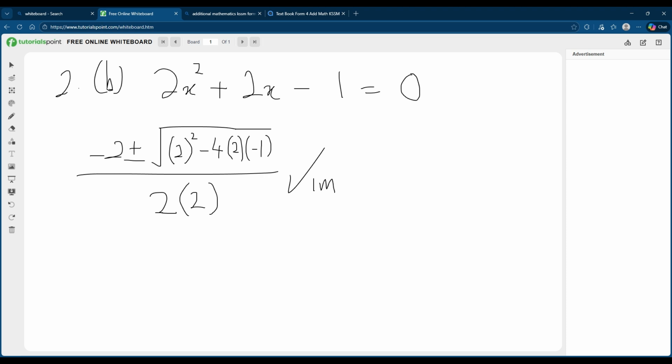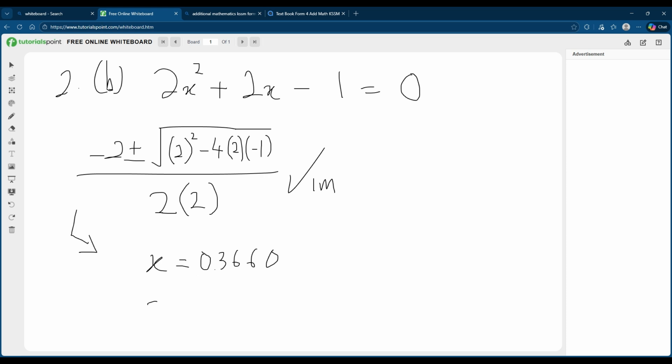Next step, we just put it on the calculator. We just count, and I get my answer: x equals to 0.3660. Remember, it must be 4 decimal places.